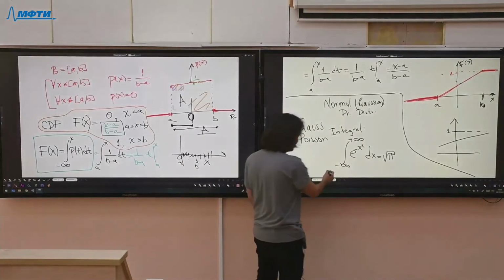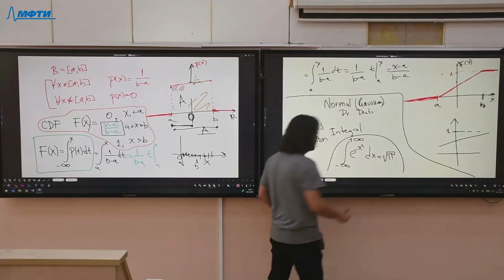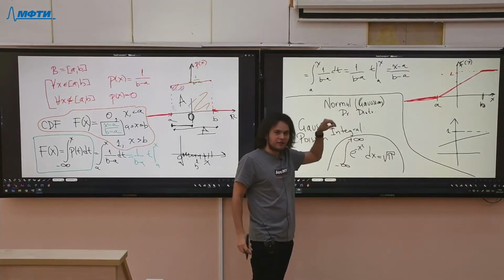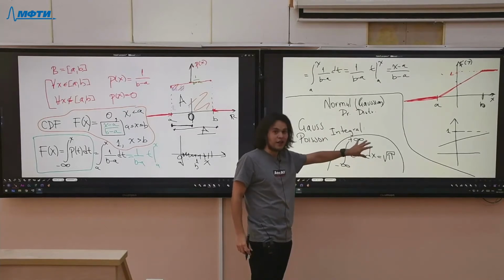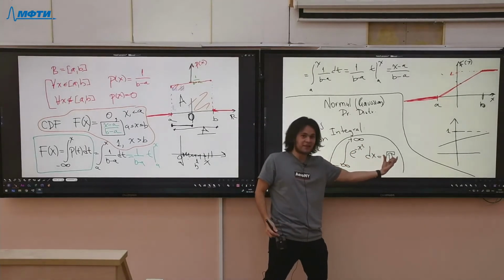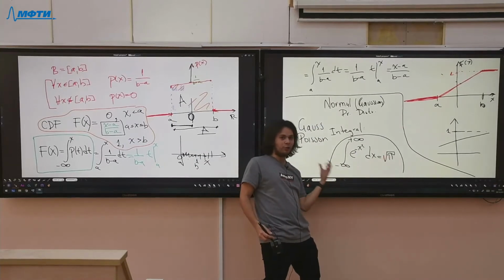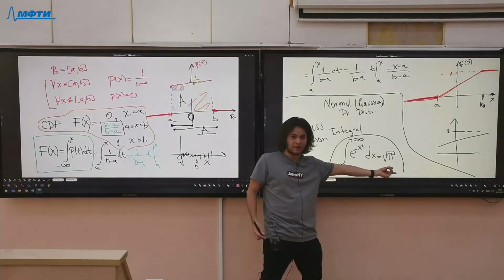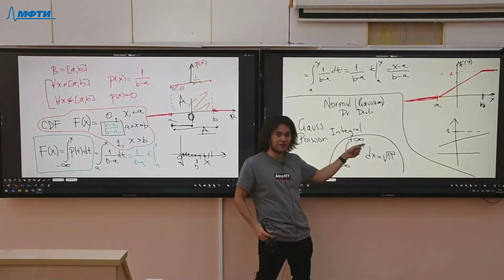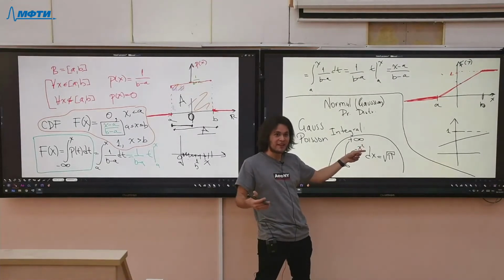Because of this, we call this the Gaussian integral, right? So we need only to pick this thing to here, and we will get that this integral is 1, right? So we get an integral from minus infinity to plus infinity, which gives us 1. Then of course we obtain some density, right?